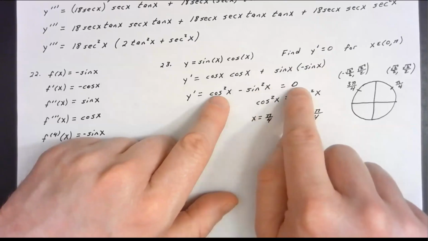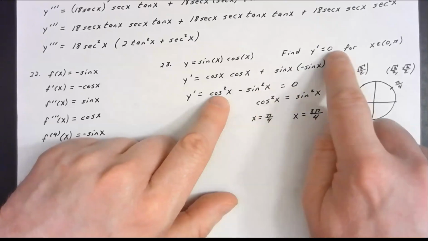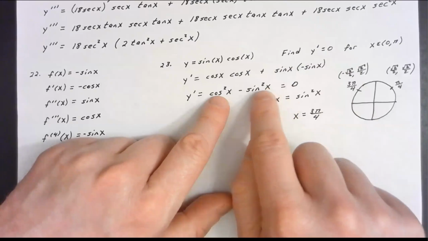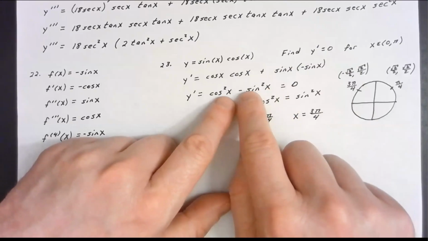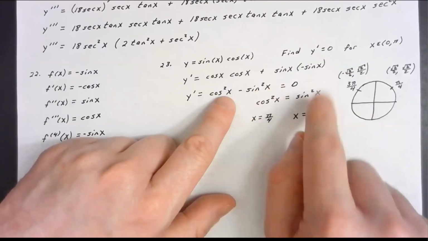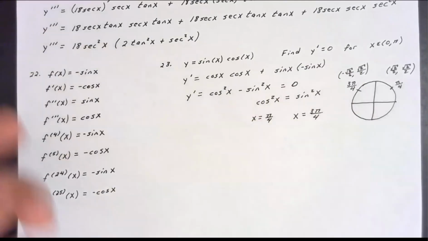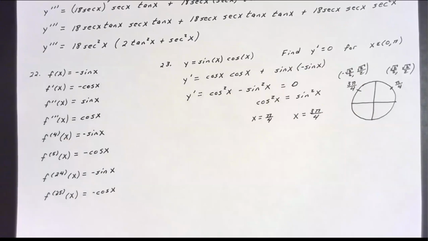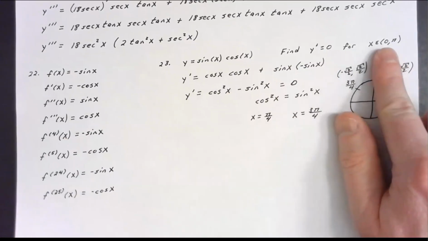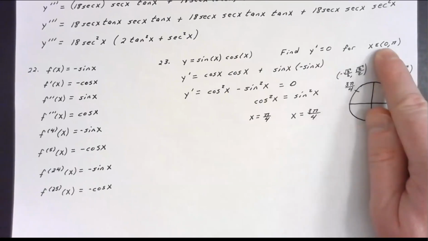I need to set that derivative equal to 0 to find where it will have horizontal tangents. When I do this, I just move the sine squared x over to the other side, and I said, well, this is just asking me, when is the square of the cosine function equal to the square of the sine function? And it specifically said on the interval between 0 and pi.